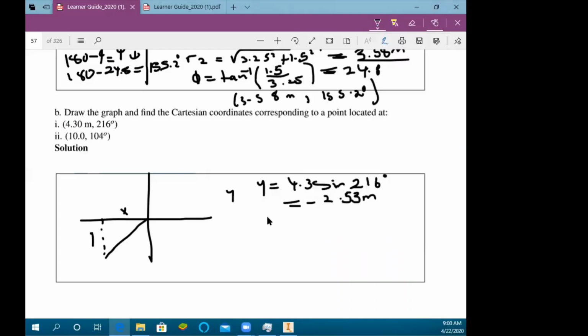Okay, so x value, 4.3. In this case, it's cos, right? Yes. What do we get?